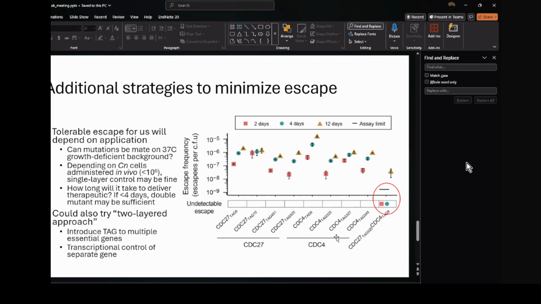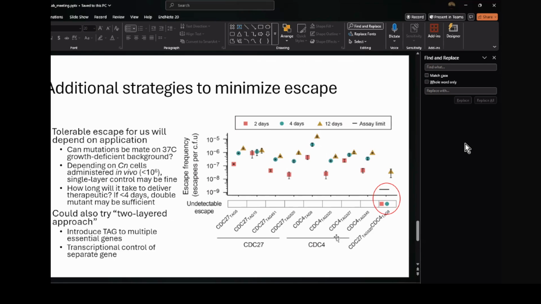And also if we're only looking at 4 days or something like that, it might not be necessary to do this two-layered approach. So I'm not sure at this point whether we might just need to knock out one gene, and we might not need any of these backup strategies anyway. But it'd be good just to assess once we have the strain whether it would be necessary.